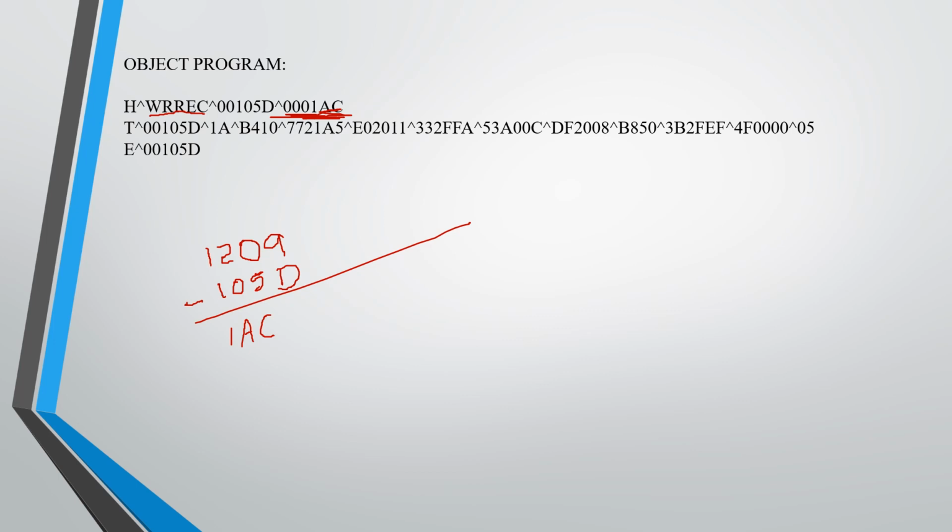And the text record, that is T, and the starting address, and we'll leave some space over here and write all the object code.